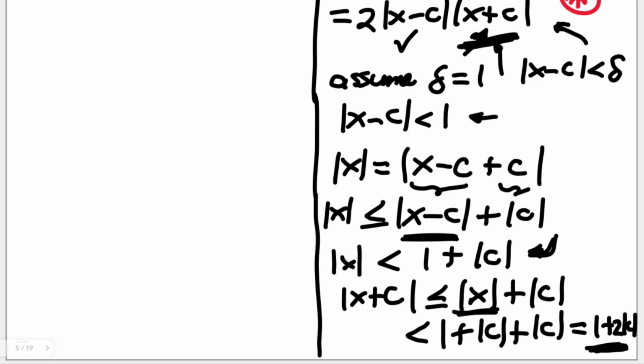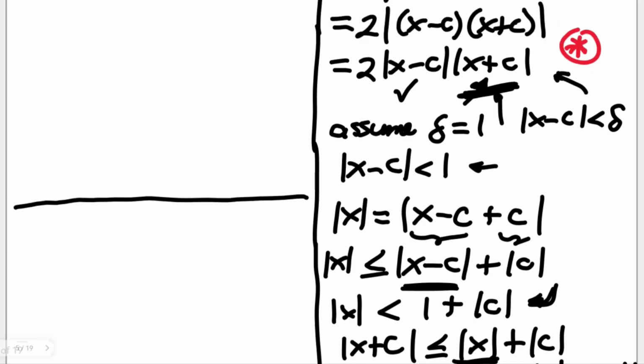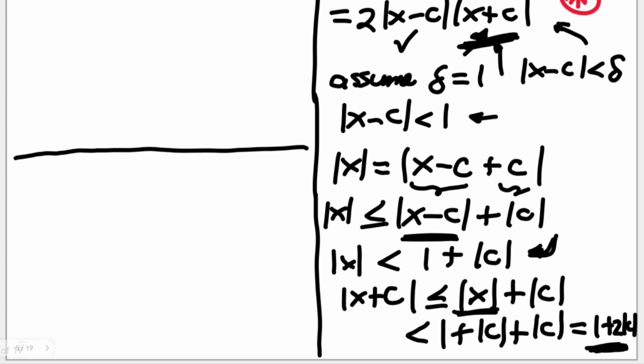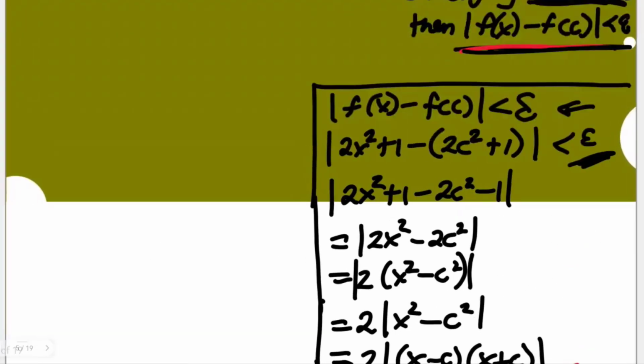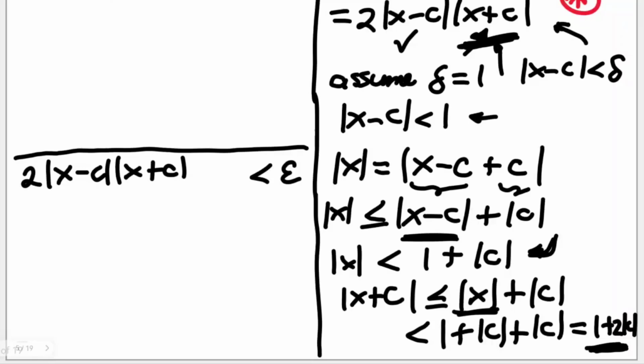Okay? In short, this form, the asterisk earlier, that is twice the absolute value of x - c times the absolute value of x + c, which is all less than epsilon. Again, that's the item we're removing here. We will have here another form of our x - c that will be paired with 1 as the possible value for our delta.